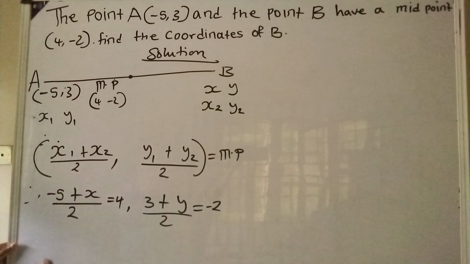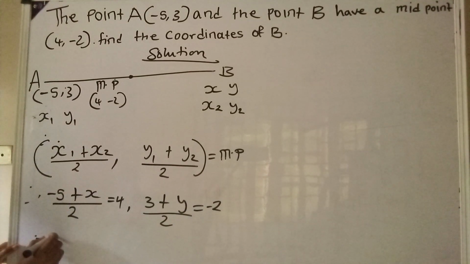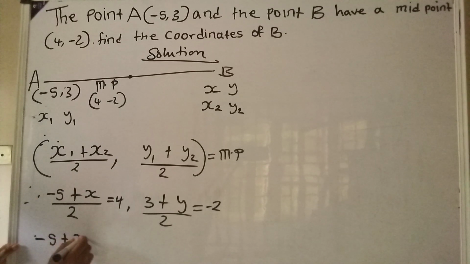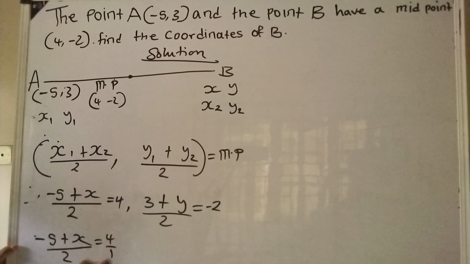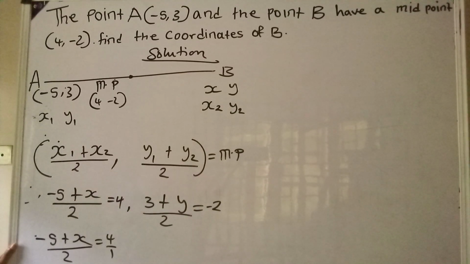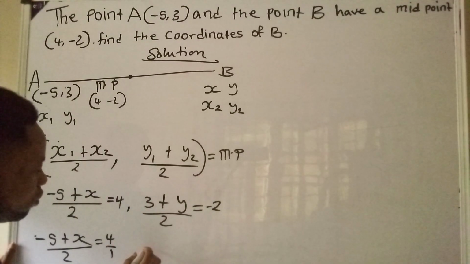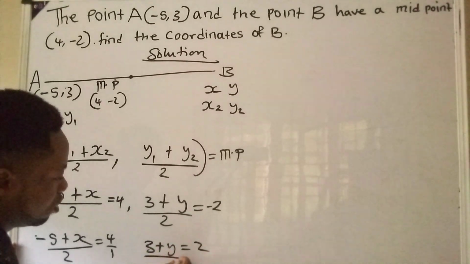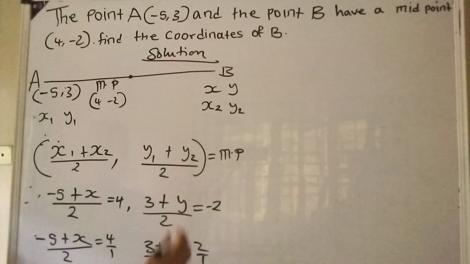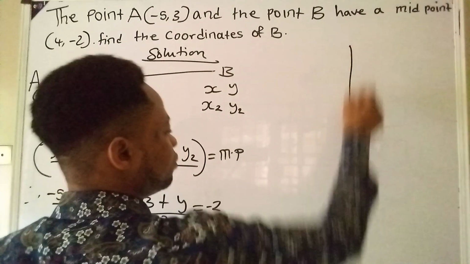So what we are going to do next, we have -5 plus X over 2 equal to 4. Let's balance it over 1. Here we have 3 plus Y over 2 equal to -2 over 1. So we can balance the two equations.